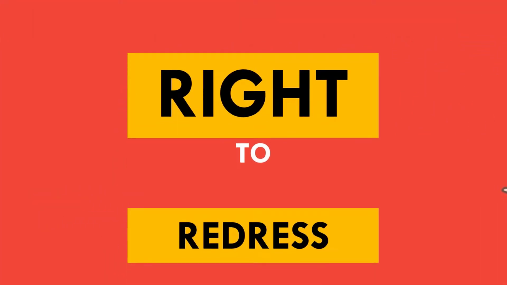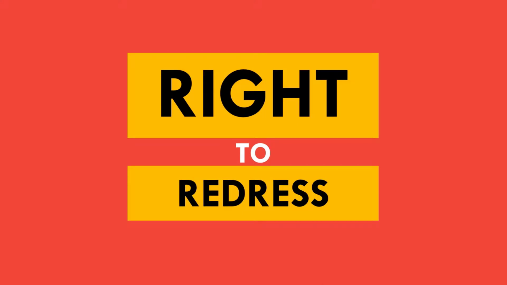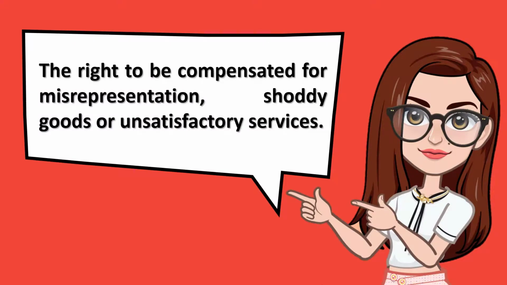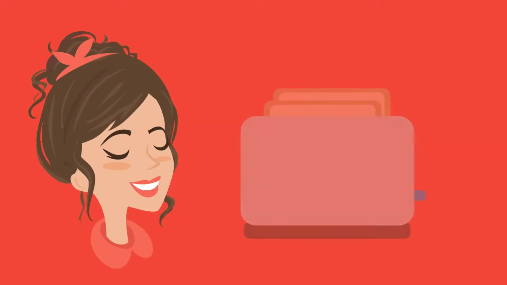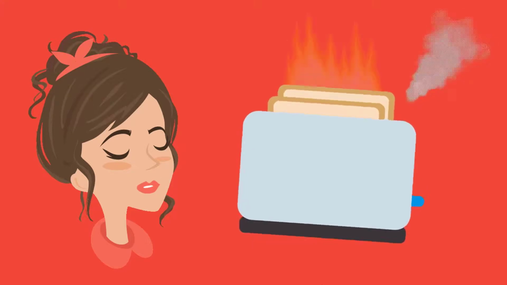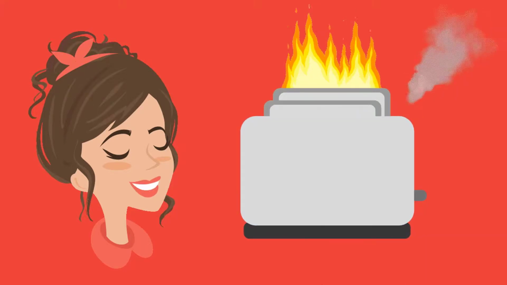The right to redress. The sixth consumer right is the right to seek redressal, which is the right to be compensated for misrepresentation, shoddy goods, or unsatisfactory services. So, if the consumer has a complaint due to unfair trade practices done by sellers, he has a right to get relief.